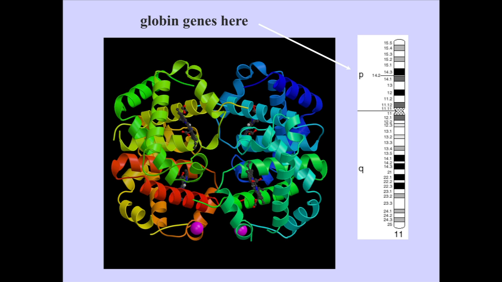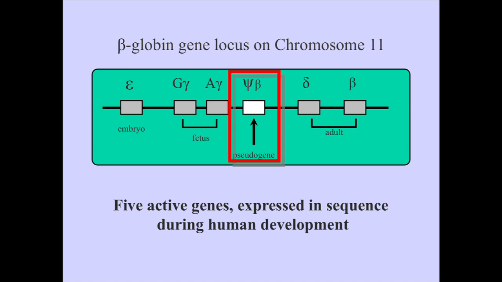Since I'm harping on your hemoglobin gene, why don't we not stop? The globin genes are present in humans at a locus on chromosome 11, shown there, and the beta globin gene locus on chromosome 11 actually does comprise 6 genes.